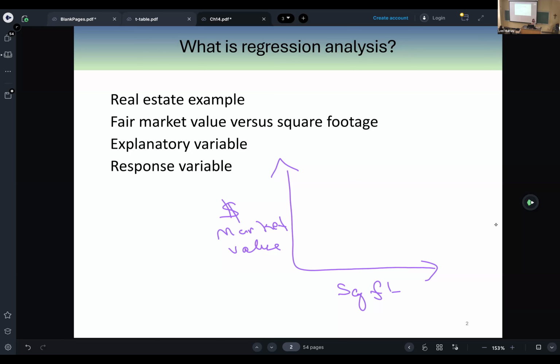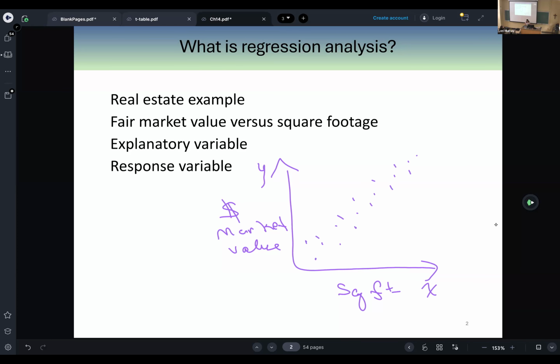And then the response variable, or the Y, would be the price of the home, the market value. And we know that it would probably look like this. Something like that, right? So as the square feet increase, larger home, higher price, right?